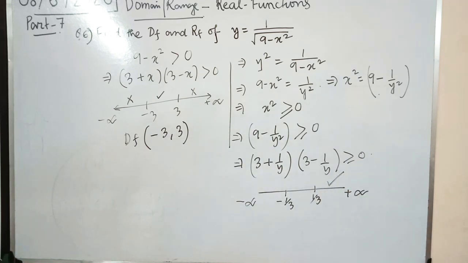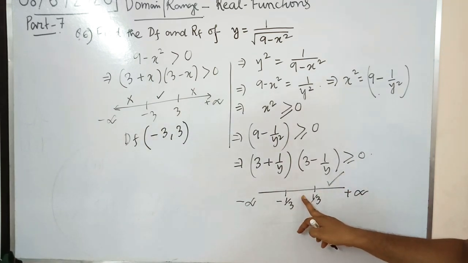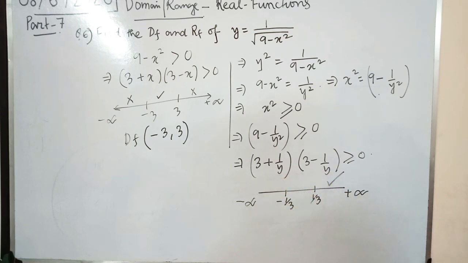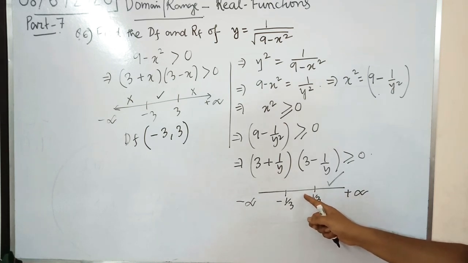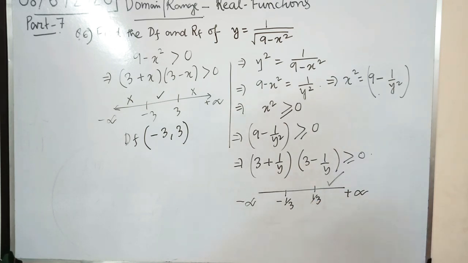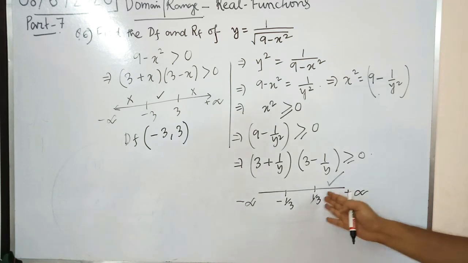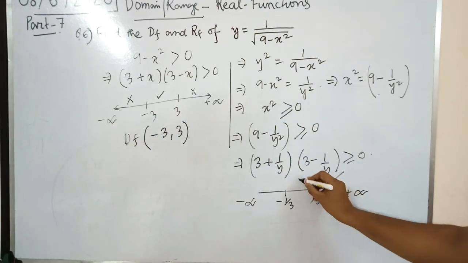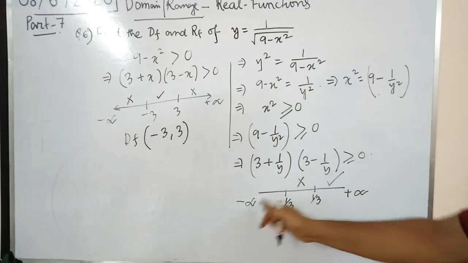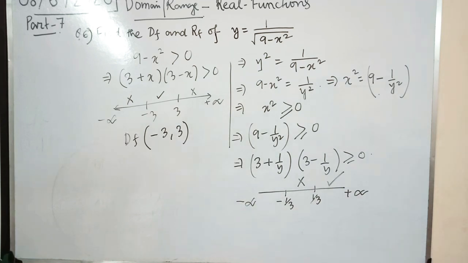If you put something in between, say 0, then it becomes undefined. Or if you put something in between, it does not happen. Now if you put something very negative, say minus 10 or some value like that, it is going to be satisfied.